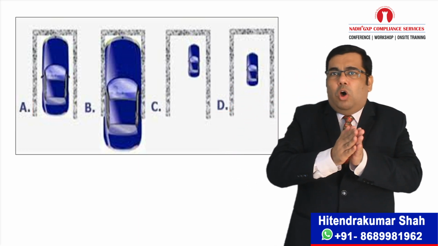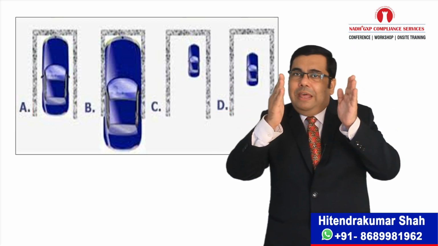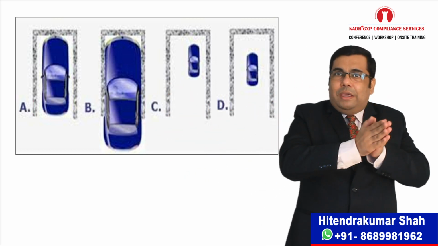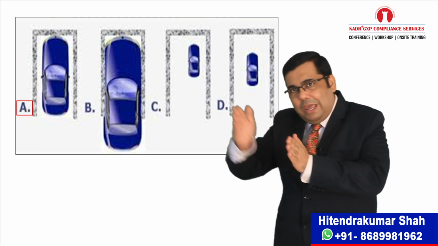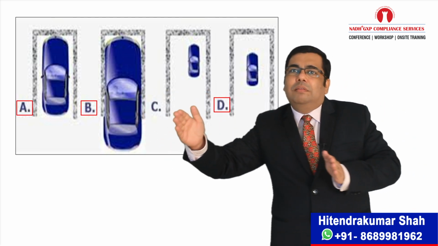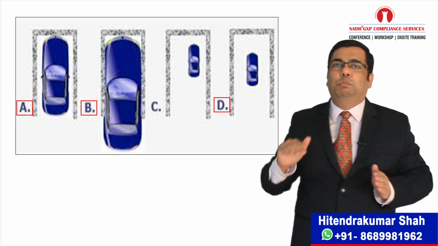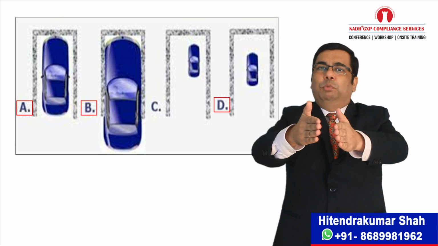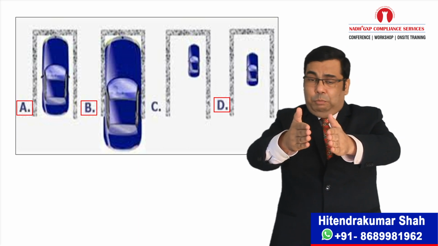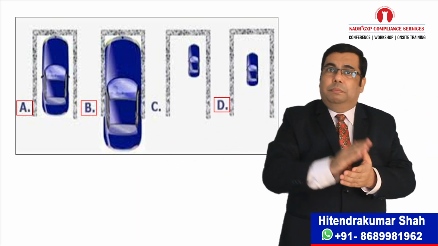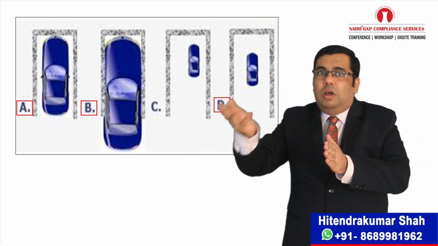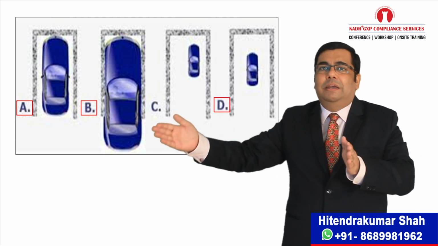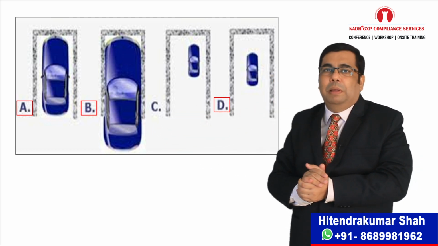Now let us focus on the first example, scenario A, B and D. The vehicles in scenarios A, B and D are parked exactly at the center position of the slot. But there is a slight difference among them. What is the difference? Let us understand with respect to process capability.